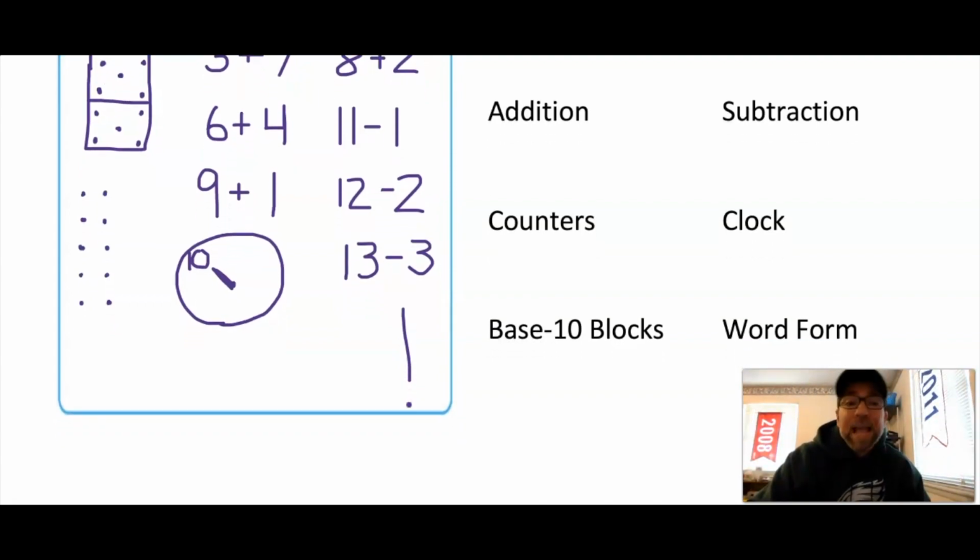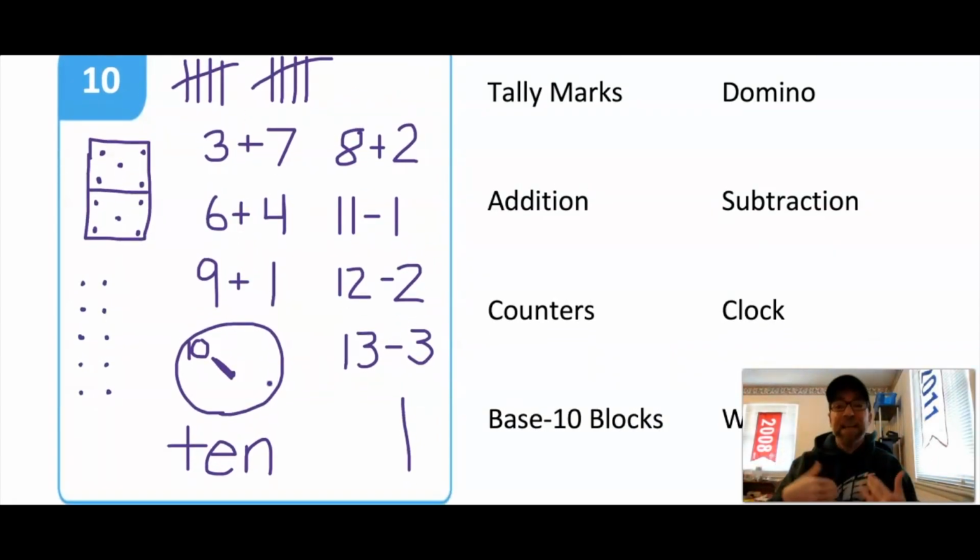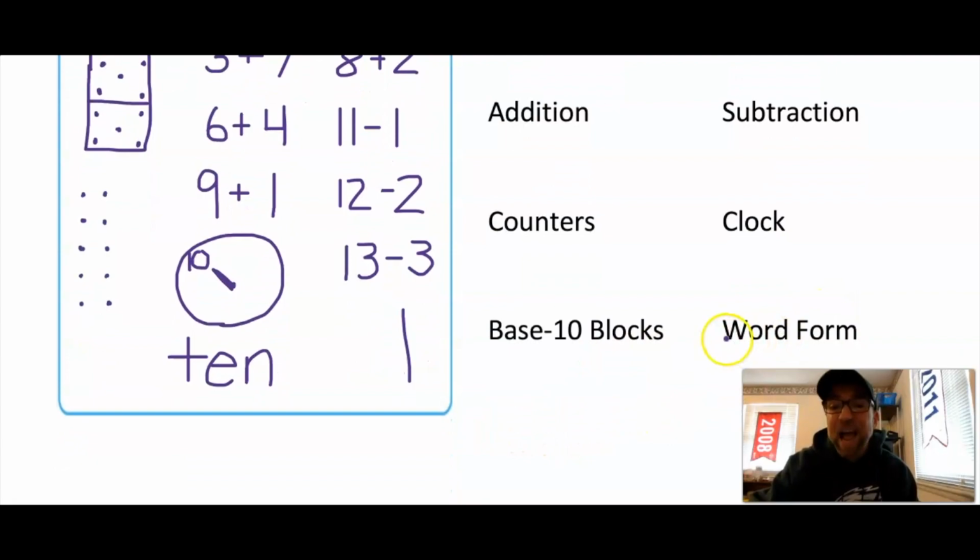Wow! And another way that I could name the number 10 is by writing it in word form. I can spell it out. T-E-N. Wow, I named the number 10 in math using tally marks, dominoes, addition, subtraction, counters, a clock, base 10 blocks, and I wrote it in word form.